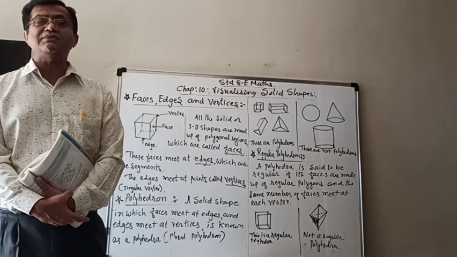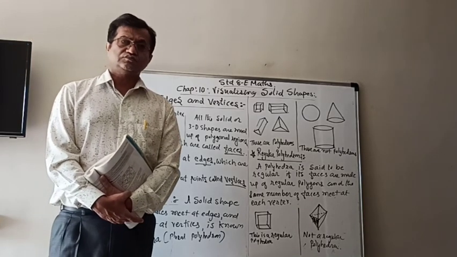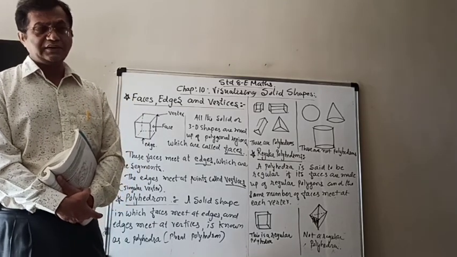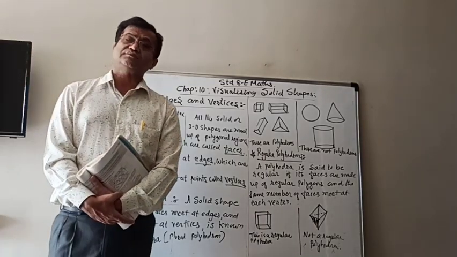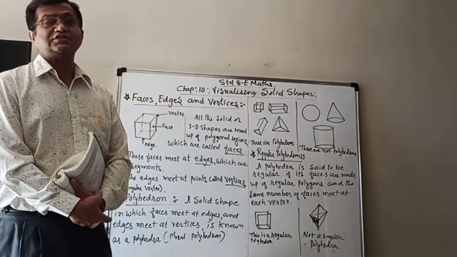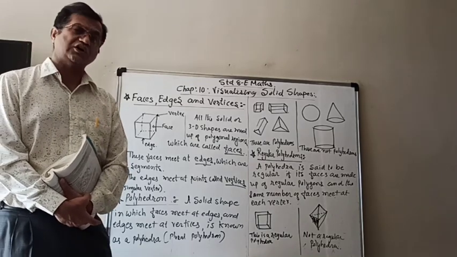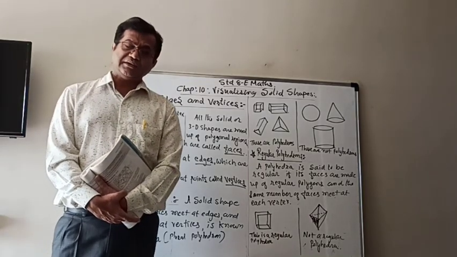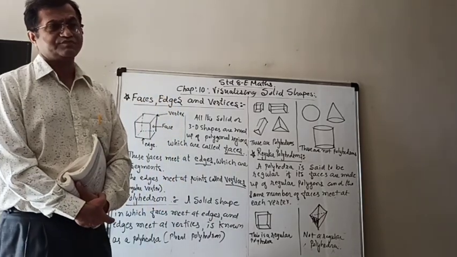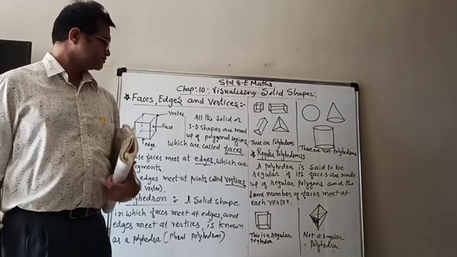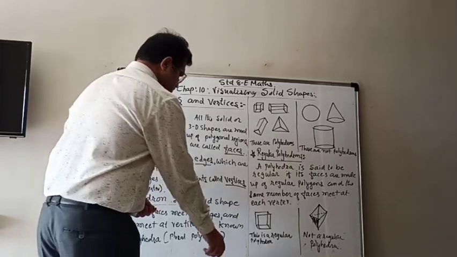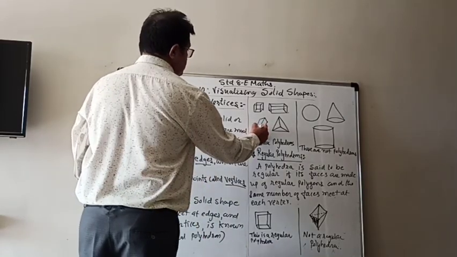Where two faces meet each other, there is a line segment, and that line segment is known as an edge of that solid shape, and where three edges meet each other, there is a point. Not all solid shapes, but some of them have this situation.